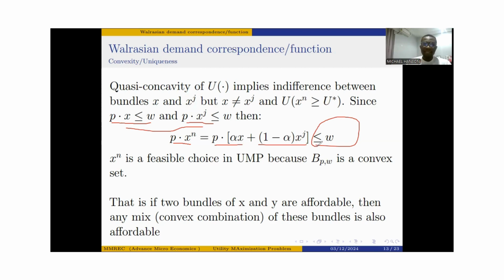So that is the implication of the concavity and then the convexity of the Wallacean demand function. Good. So as you can see, if two bundles, X and Y, are affordable, then any convex combination of these bundles is also affordable. Perfect.